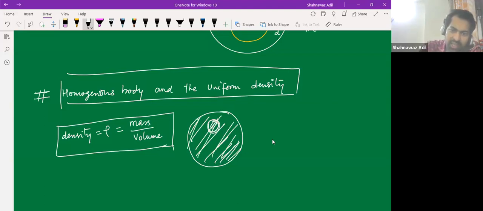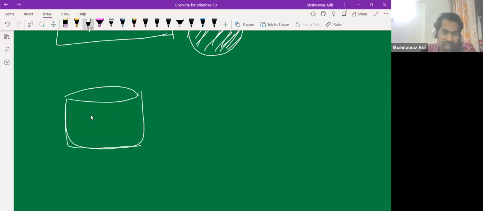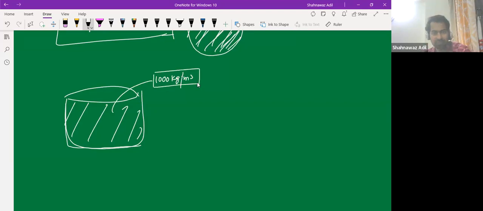So let's say that you have a bucket of water, and the water has some density, that is 1,000 kg per meter cube. So that is the density of water, right? Is that clear, guys?